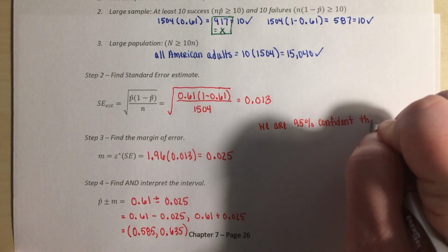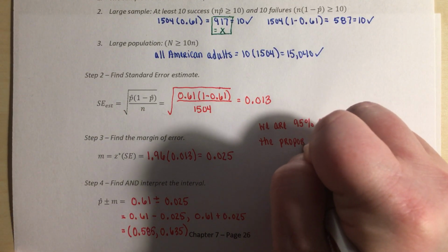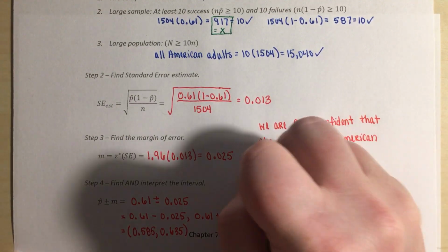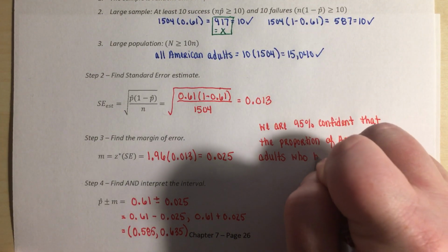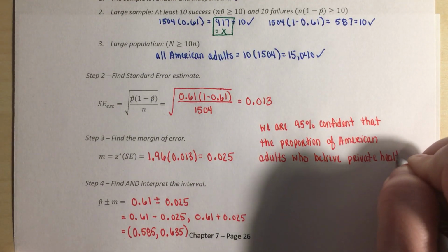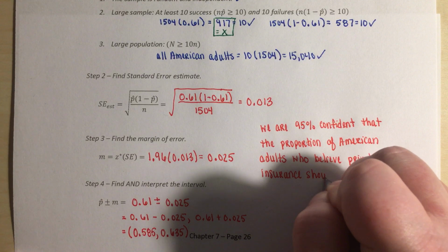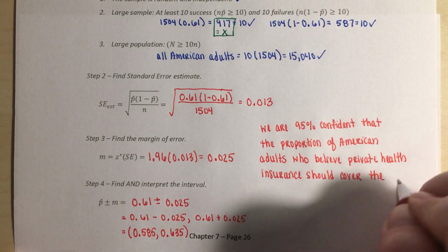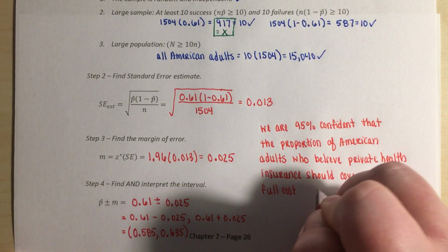So we'll say we are 95% confident that the proportion of American adults who believe private health insurance should cover the full cost is between.